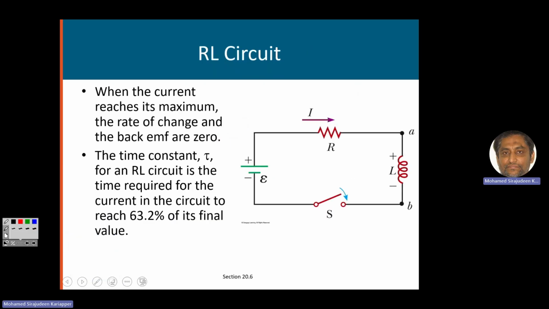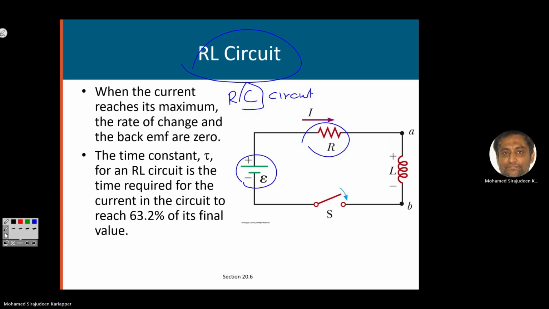So let's look at our first RL circuit. Remember, we had our RC circuit. The moment we learned about the capacitor, we created a simple circuit with a battery, a resistor, and a capacitor. Now, we create a simple circuit with a resistor and an inductor.